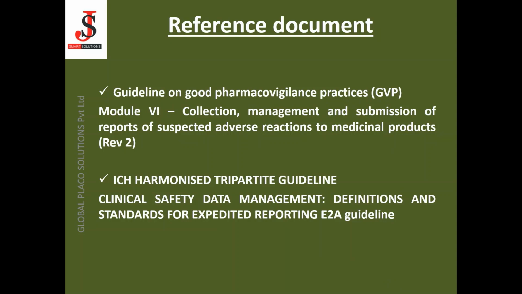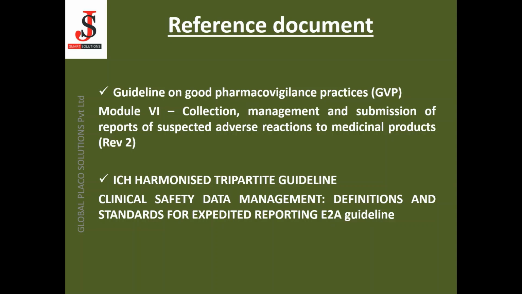The reference document is Guideline on Good Pharmacovigilance Practices, that is GVP Module 6, which includes collection, management and submission of reports of suspected adverse reactions to medicinal products. I have also referred to one more important guideline, that is ICH Harmonized Tripartite Guideline.